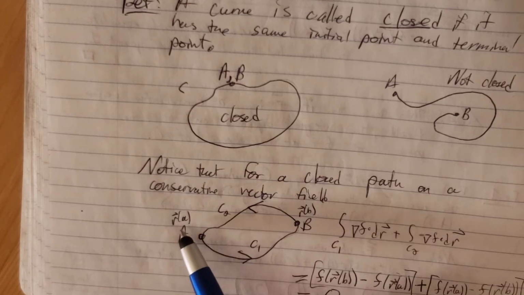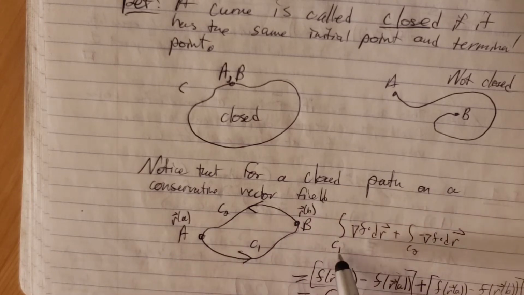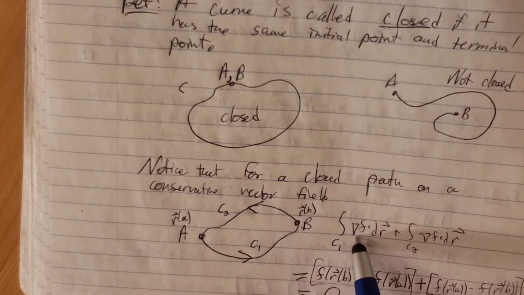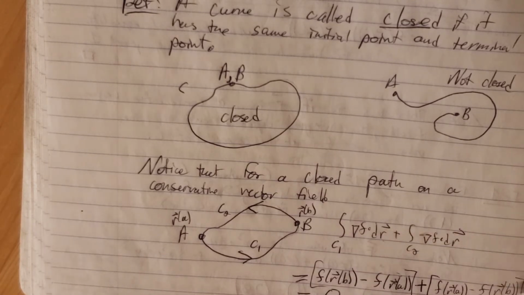The integral over C1 and C2 is the integral over C1 of the gradient of f dot dr, because this is a conservative vector field, so our vector field F is the gradient of some scalar function f.